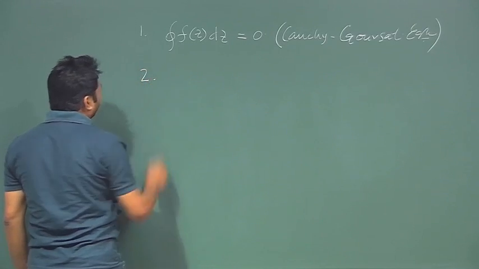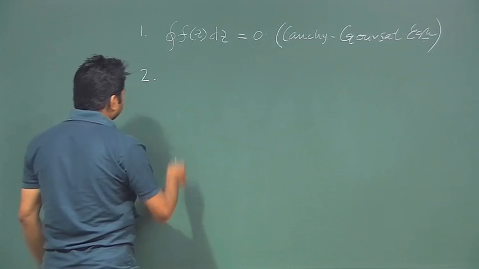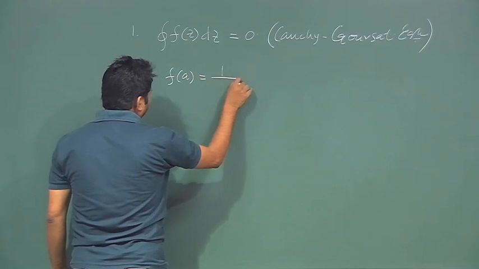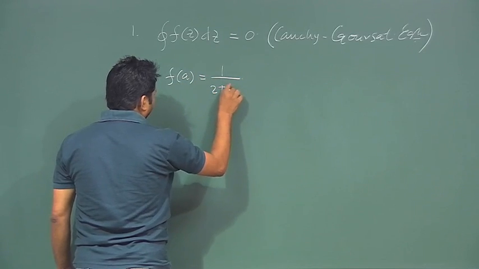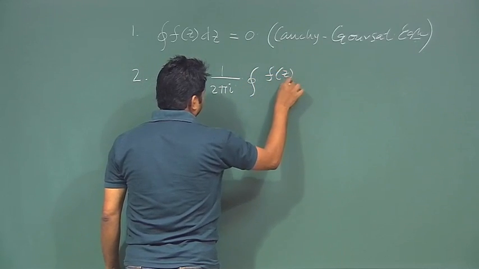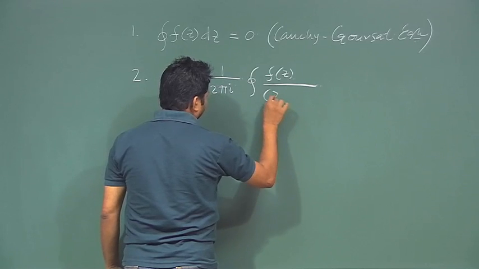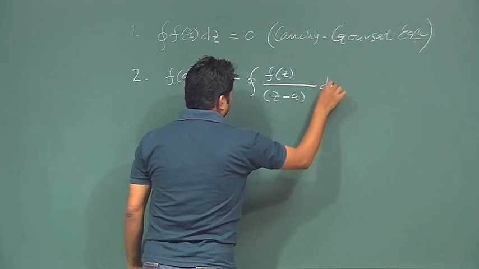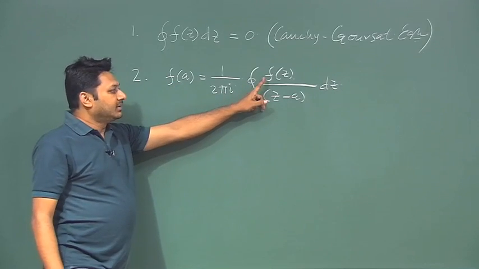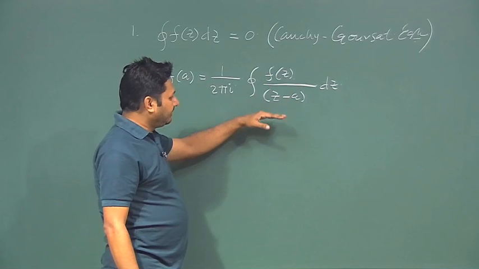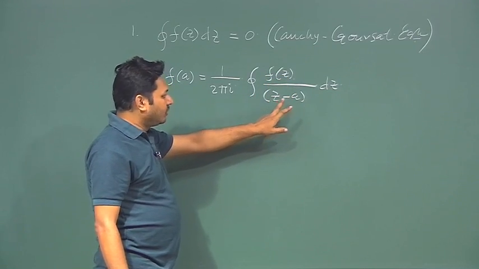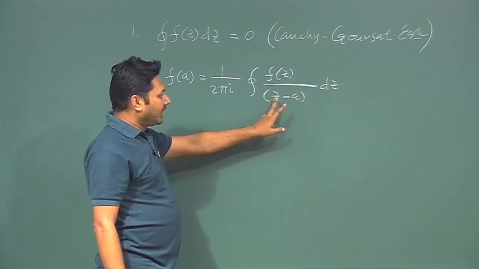From that we also find two very important pieces of information, and that is, if the function f(z) is analytic, but please mind it, f(z) divided by z minus a is another function which is not analytic, because at z equal to a the function blows up; it is called a singularity.